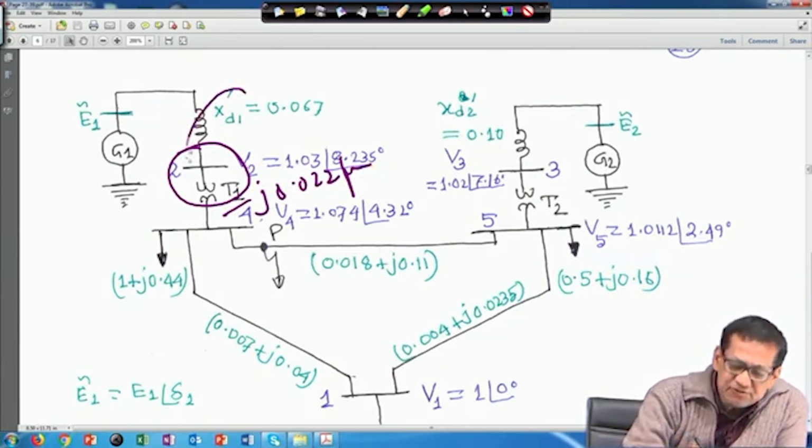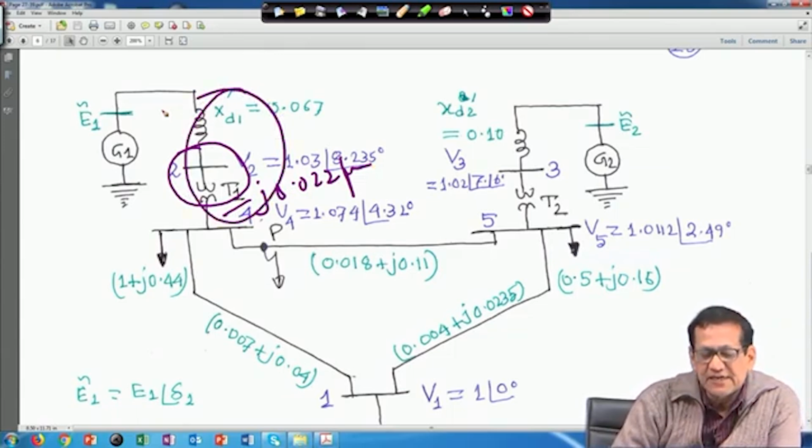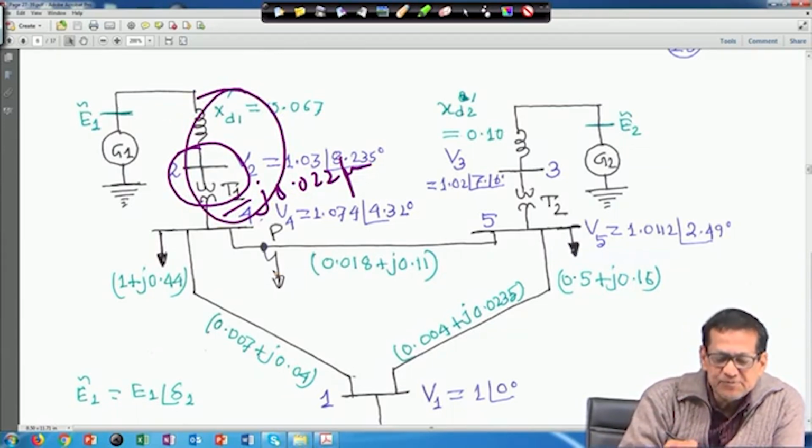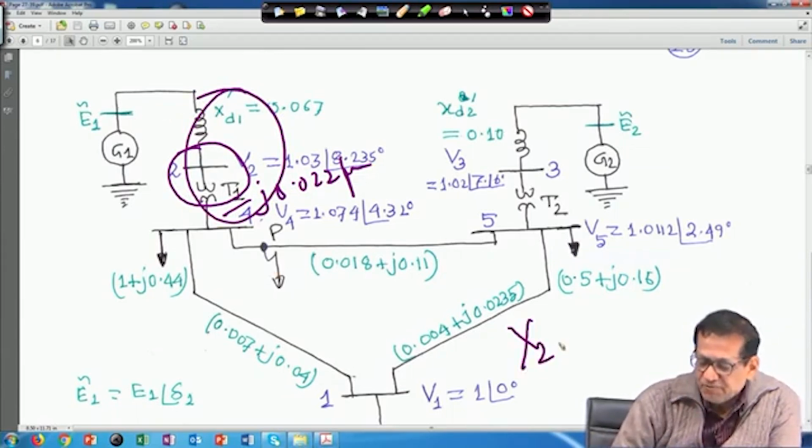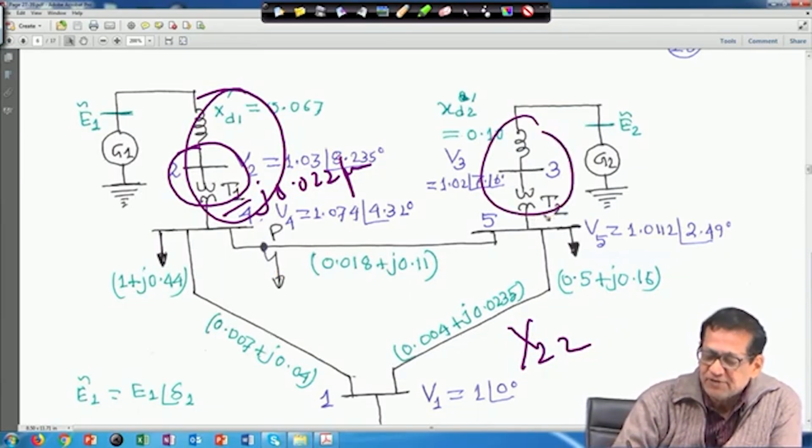So all these two things will be added together. You add them and take the reciprocal of that, then you will get your Y22. The same philosophy applies here: whatever the transformer T2 reactance is, we add this one and take the reciprocal of that, such that we get Y33.